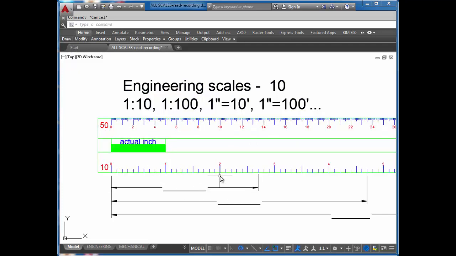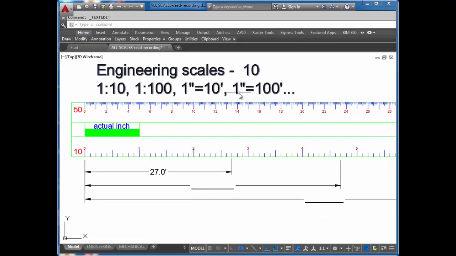This is 20 feet, that's 25 feet, 26, 27 feet. So I would write this out as just 27 feet. If I wanted to show at least one decimal place for precision, I can also write that out as 27.0 feet.